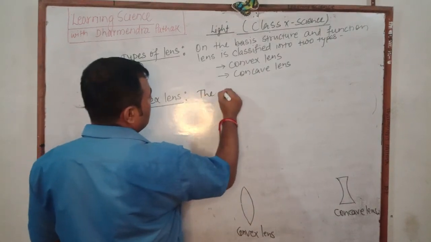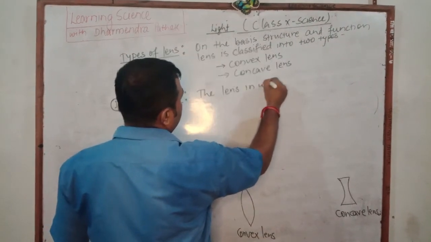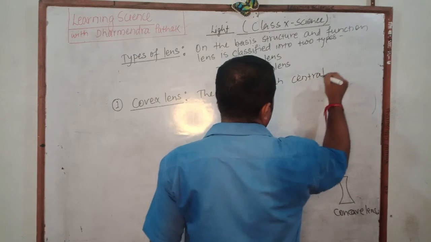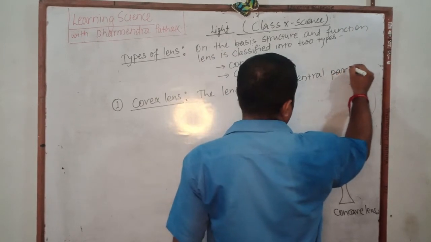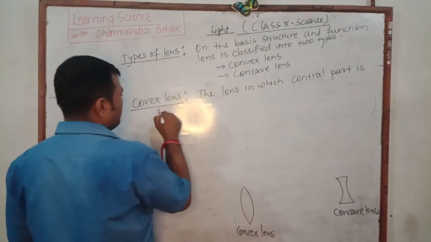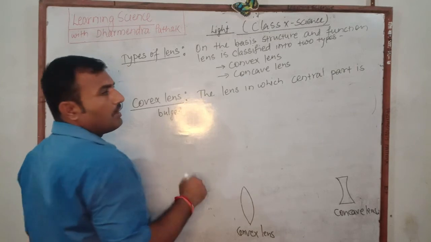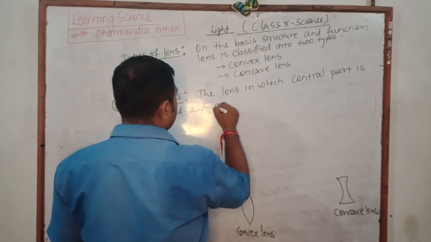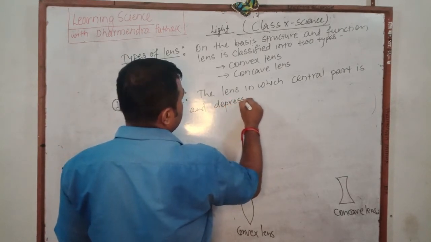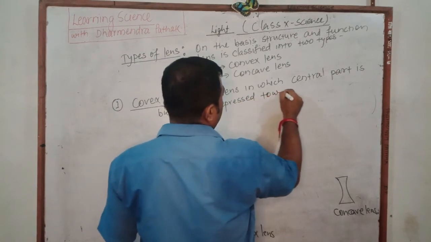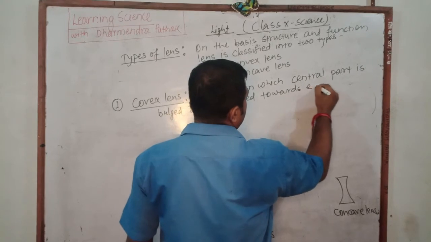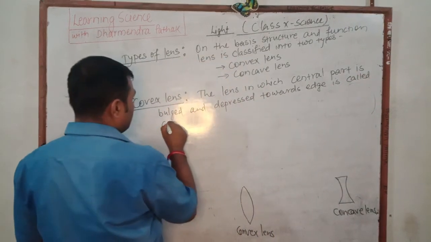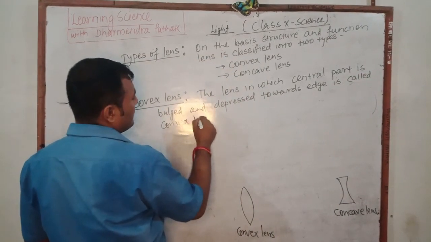The lens in which the central part is bulged or thicker and depressed towards the edge is called convex lens.